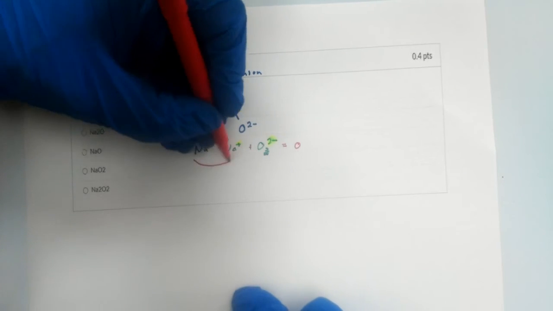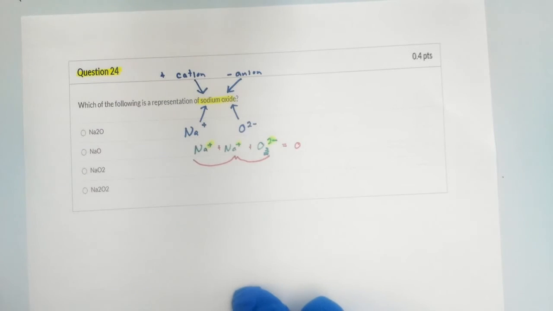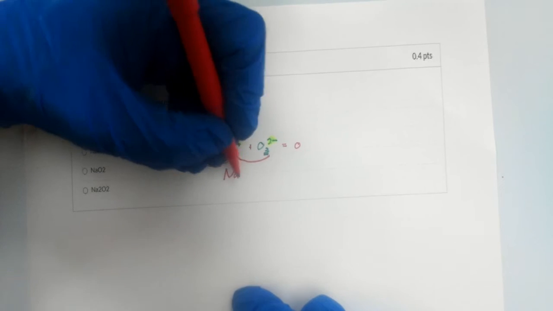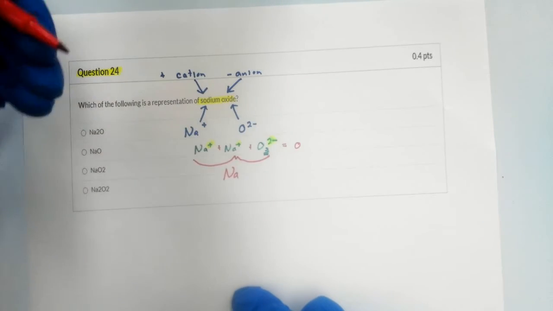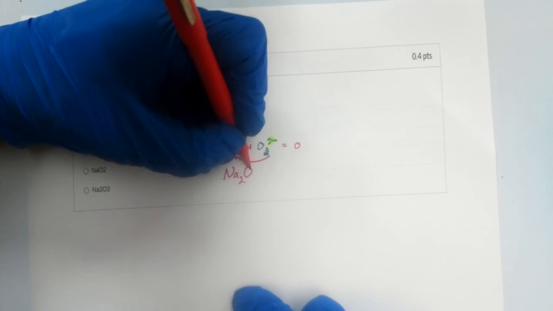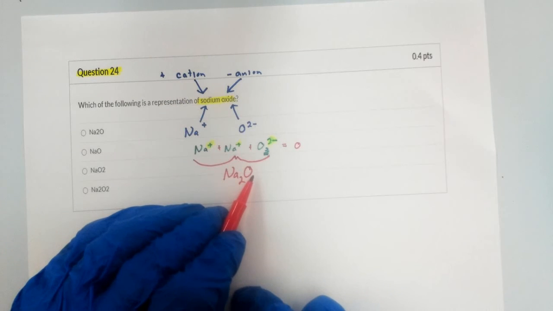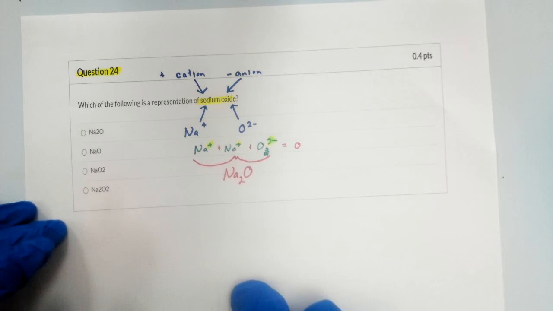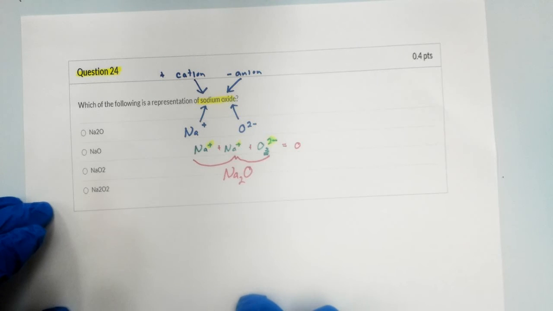Now, the fact that there are 2 sodiums and 1 oxygen means that you write the symbol and place the number of sodiums as a subscript. Since there's only 1 oxygen, you don't have to put a 1 there. It's understood there's 1. You could put a 1. It doesn't change anything, but it's not necessary. So when you write representations of ionic compounds, you don't show the charges.